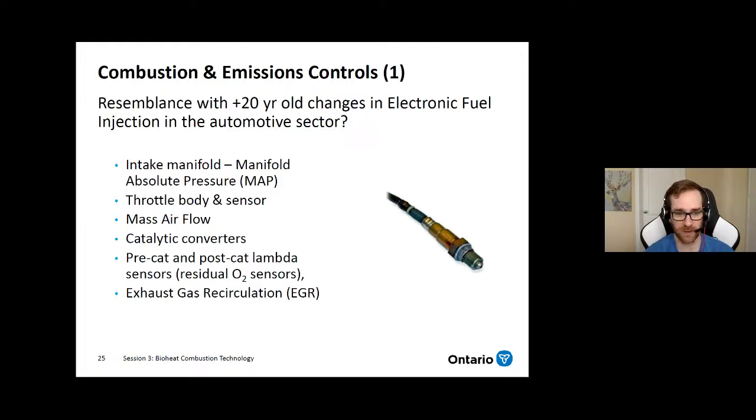So there were early types of lambda sensors, that you see in the picture, that were installed. There are also all sorts of sensors installed to monitor the temperature and check how much air is coming in, and we even have exhaust gas recirculation for wood chip or larger wood pellet boilers to help control those Magic 7 that we just mentioned.